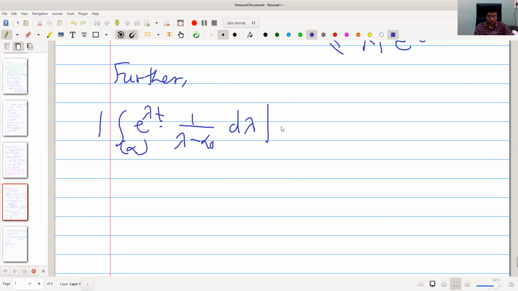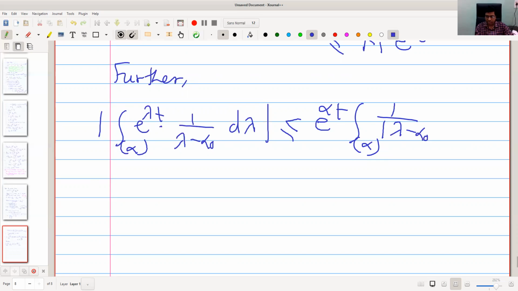This is less equal, again we take modulus inside the integral, and for mod of e raised to lambda t, we write e raised to alpha t, and this integral 1 upon mod of lambda minus alpha 0 d lambda.